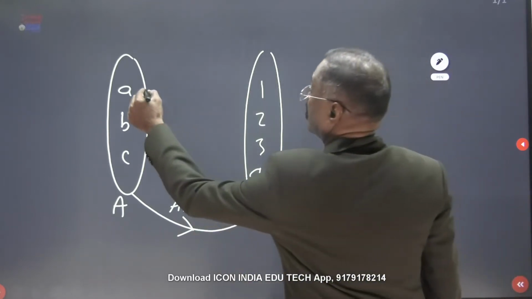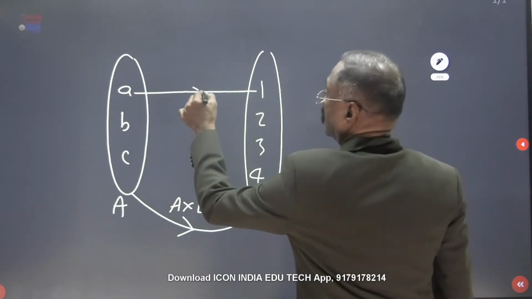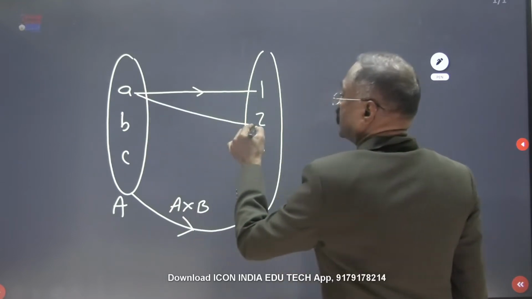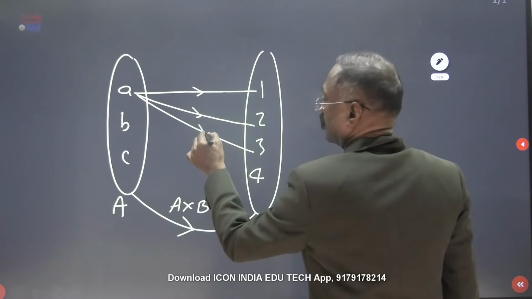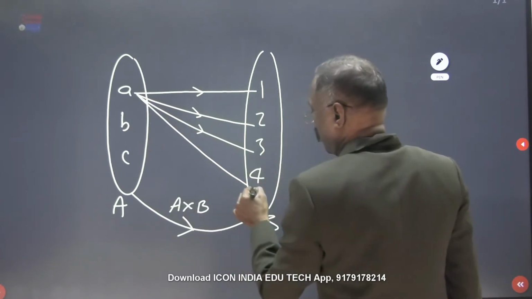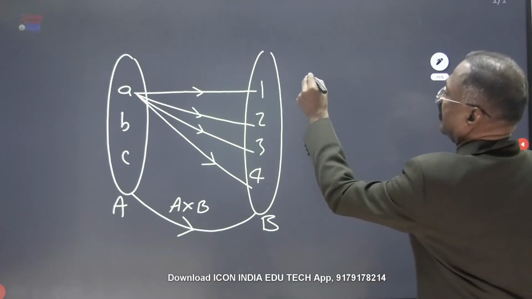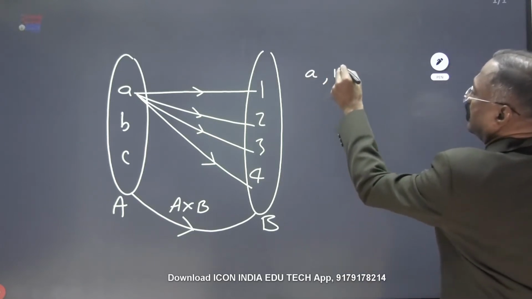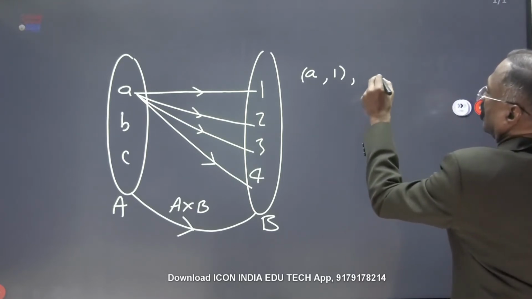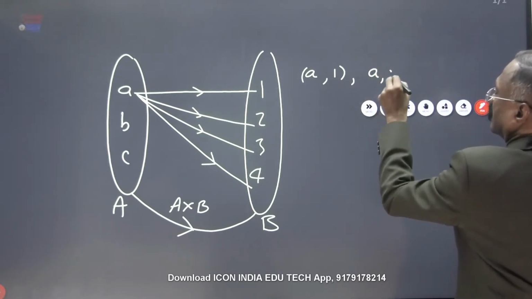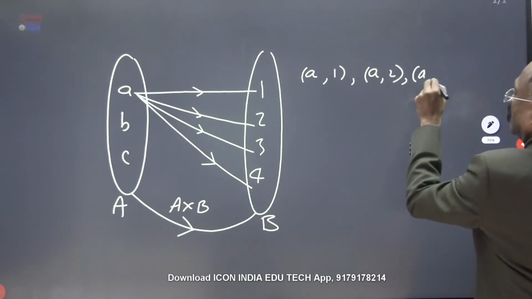And you can understand, it is a to 1, a to 2, a to 3, a to 4. That is, a can be associated in 4 different ways: a1, a2, a3, a4.